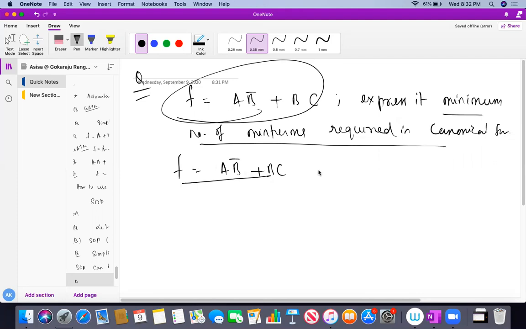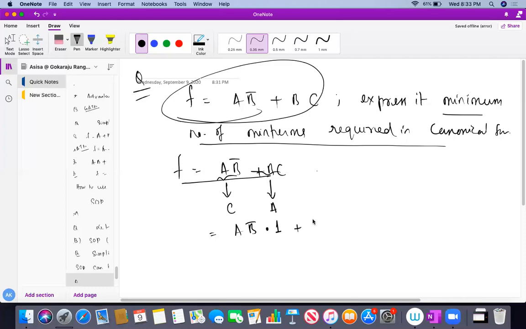So obviously this will not be in canonical form, because in canonical form all the minterms should consist of all the variables, either in true form or in complement form. So obviously here there are two terms with missing variables. Here the missing term is C, here the missing term is A. So whatever number of missing terms are there, that needs to be ANDed with 1.